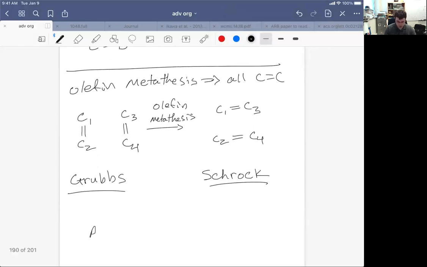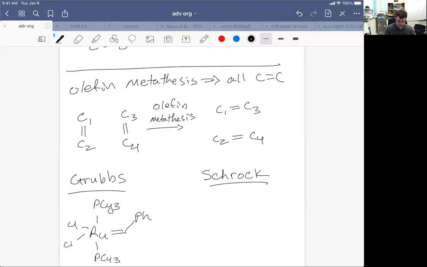Anyway, that's okay. For the Grubbs catalyst, we use ruthenium double bonded to a carbon that's bonded to a phenyl. PCy3 is a ligand, with two PCy3 ligands axial to each other, and then equatorial, we have two chlorine atoms.